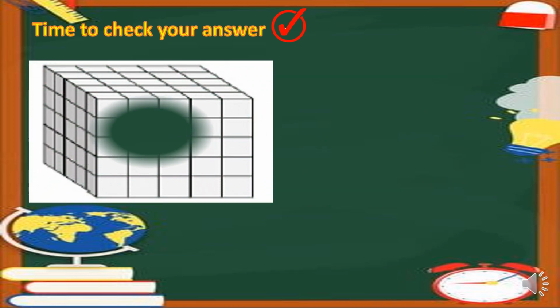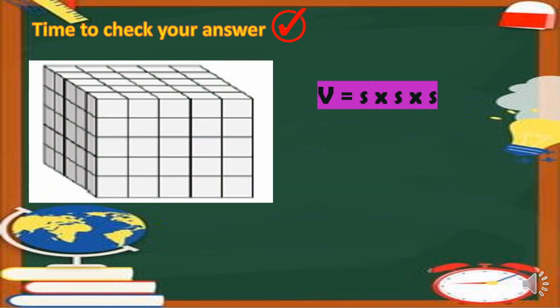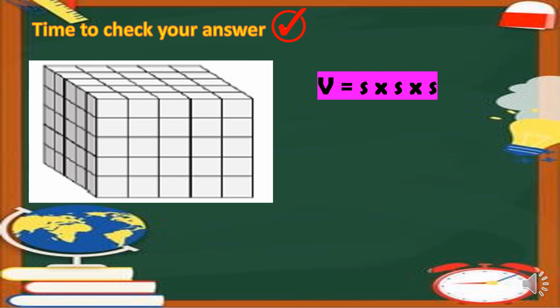Okay, for the next figure, this is an example of a cube wherein we will be using the formula V is equal to S times S times S. That means the sides of this figure have the same value. So we have 1, 2, 3, 4, and then 5. That is the length or the first side.